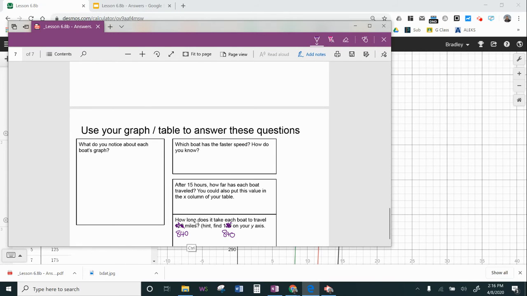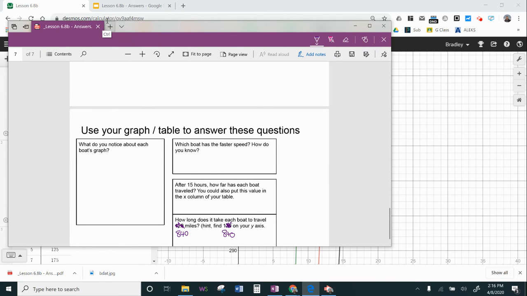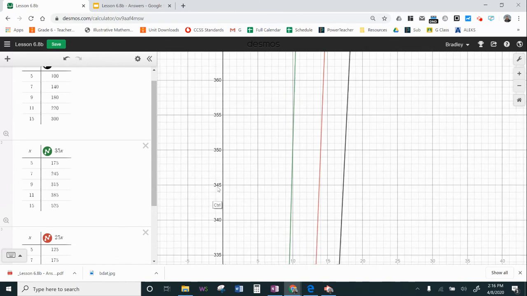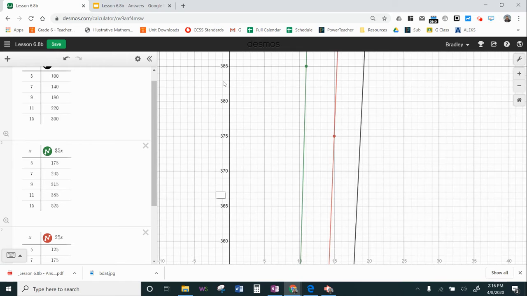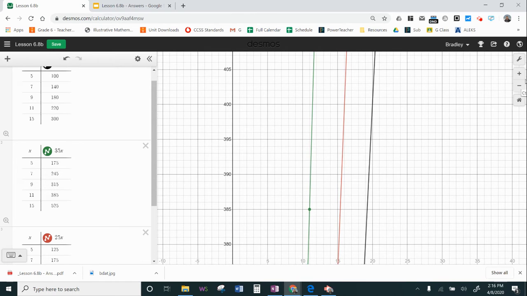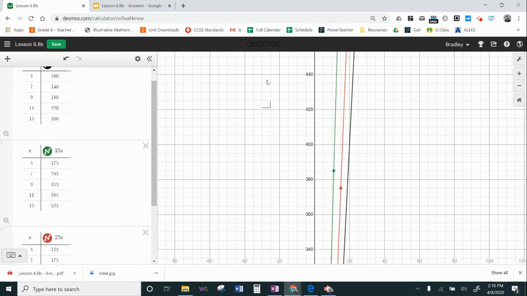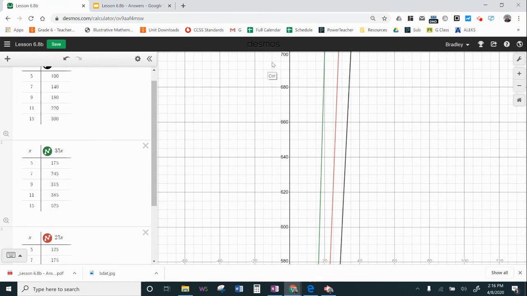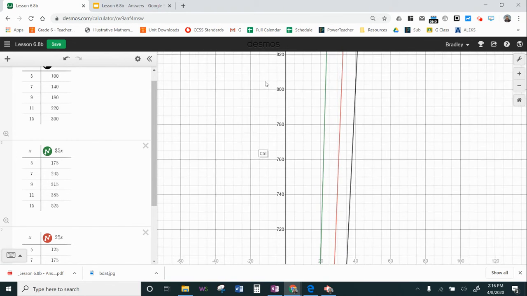Well, we need to find 840 miles on our axis, which is our y-axis, which is the distance. So let's keep zooming up. Notice how my y-axis is zooming up. I might zoom out a little bit to make it easier. And I'm looking for 840. Almost there.